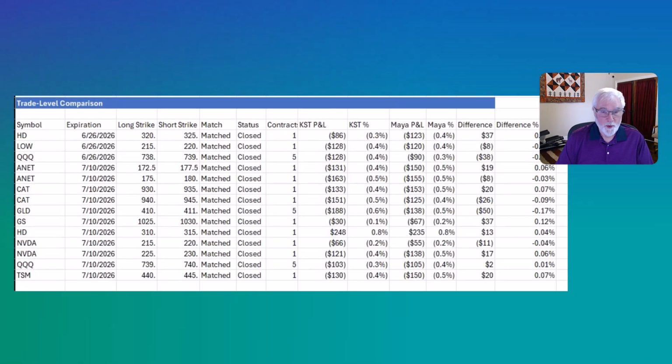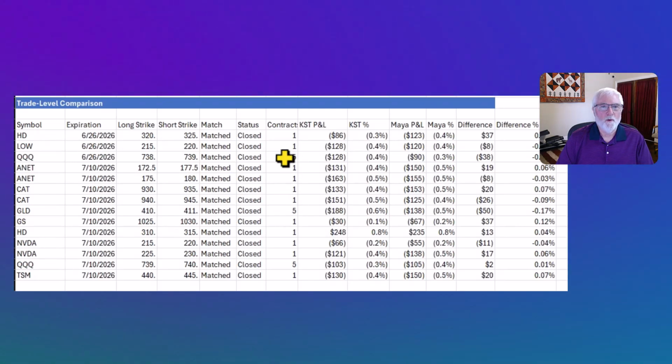This is the spreadsheet that we looked at last week, and we identified there that whenever we had a quantity of 5 contracts, our number was vastly different, $100 to $120 or $30 difference.